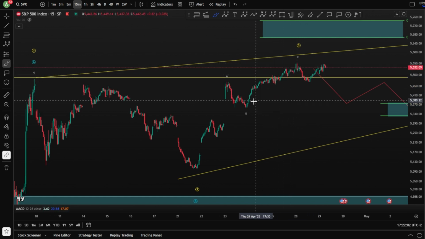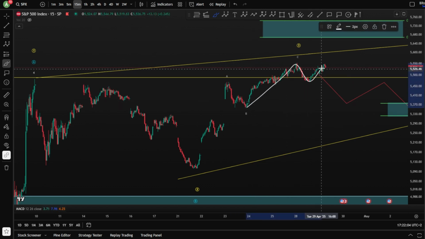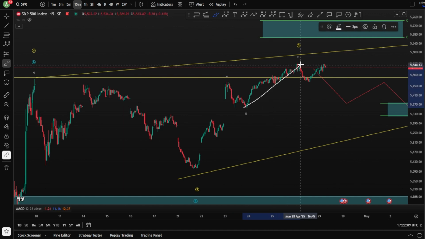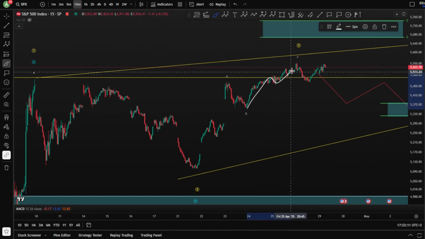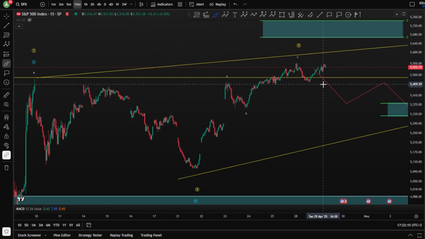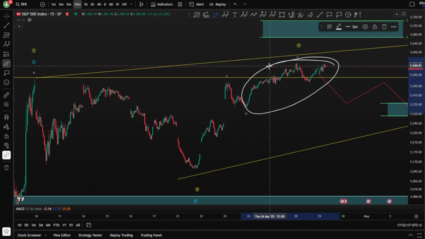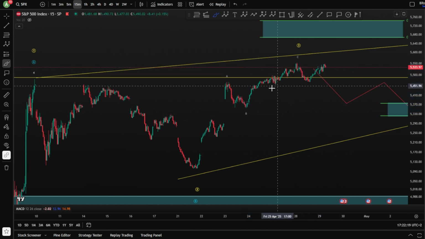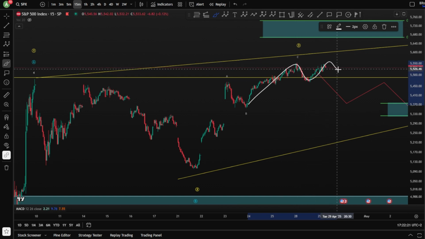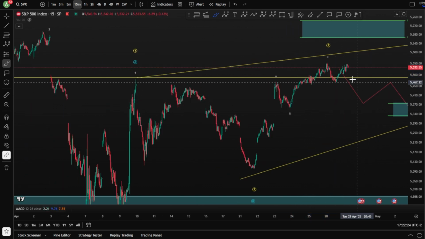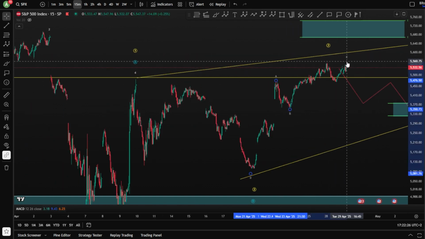It can still be unfolding something bigger. I also said it might be a bigger diagonal, meaning this is only your wave ABC for a wave 1, 2, 3, 4, and a 5. It's not as clear as in the Nasdaq, but it still shows sideways movement and a weakness to continue higher. This is what we would like to see.